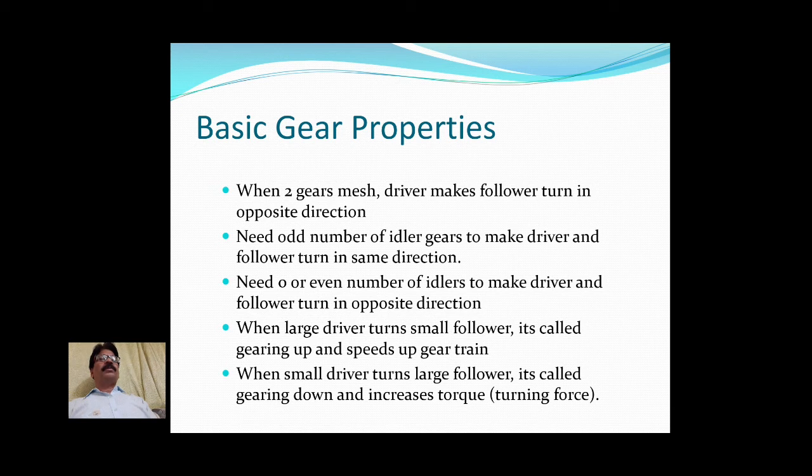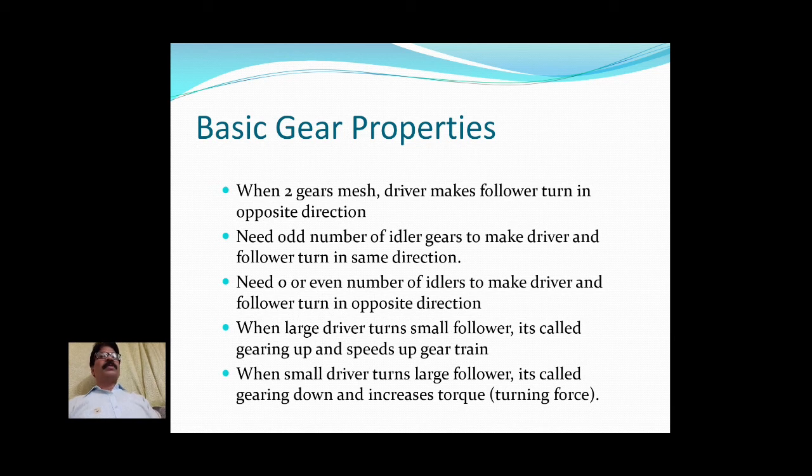If we want the driver and follower to be in the same direction, either clockwise or anti-clockwise, we have to use idlers. An odd number of idler gears makes the driver and follower turn in the same direction, odd numbers: 1, 3, 5, etc. If we want to change the direction, then the number of idlers may be 0 or 2 or 4 or 6, even numbers.